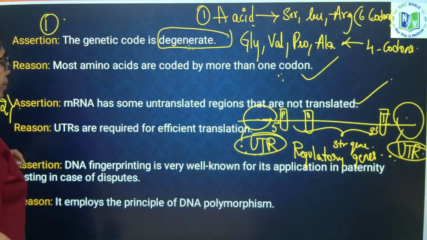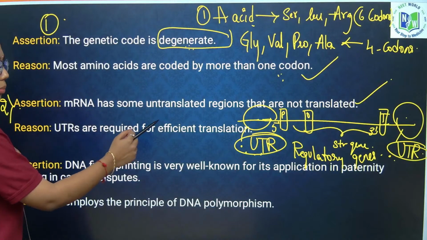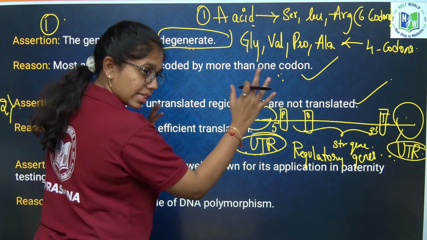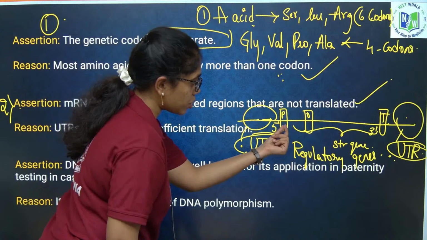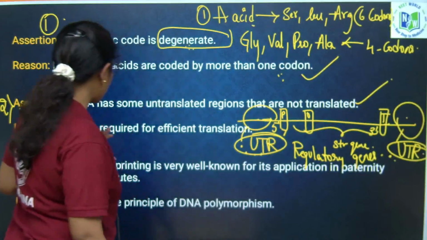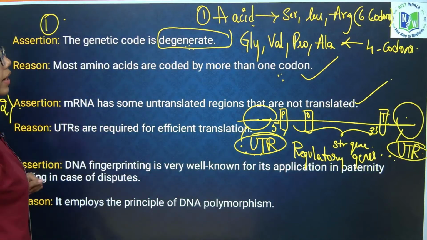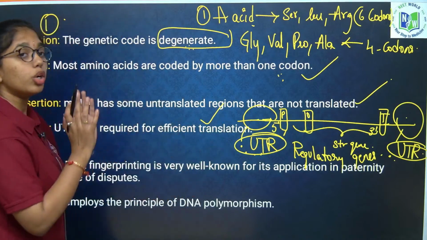Now let us look into it properly. mRNA has some UTRs that are not translated, correct? Translation happens from promoter to terminator region only. Reason: UTRs are required for efficient translation. True.